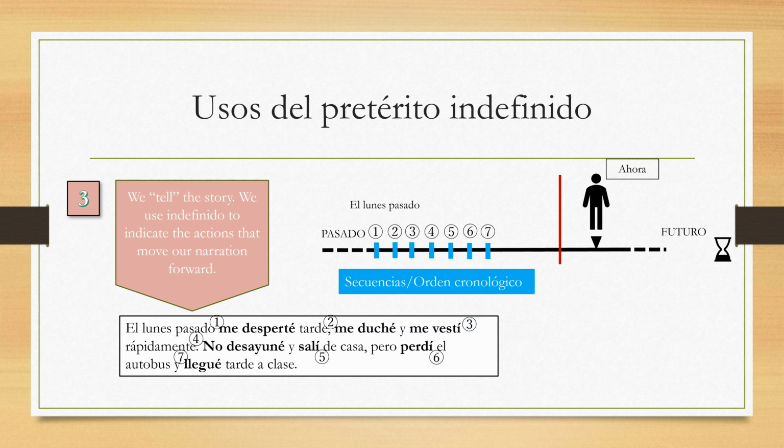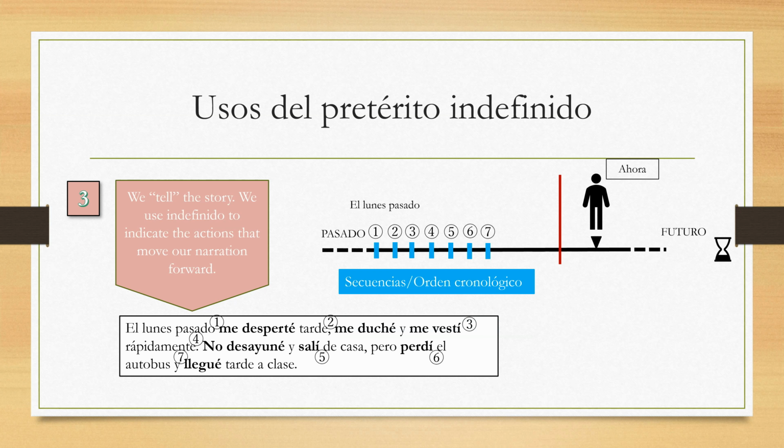order. When I talk about several actions that I did in the past and I use pretérito indefinido, they are necessarily done in a chronological order if I'm using indefinido for each of these verbs.